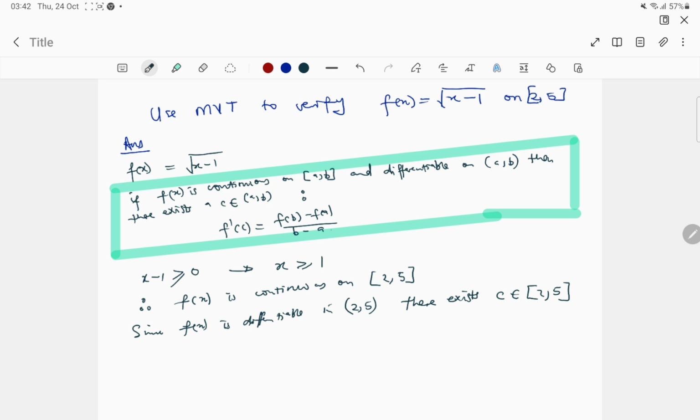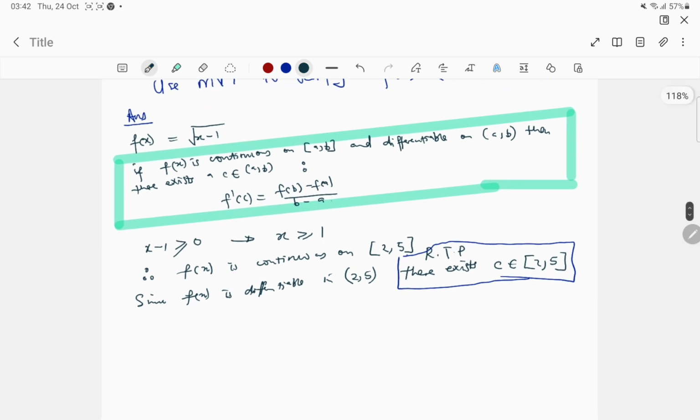In fact, here we are supposed to prove that there exists a c. I'm going to put required to prove because we are verifying the mean value theorem. We are required to prove that there exists a c in (2, 5). The existence of that c is the one which you want to prove.